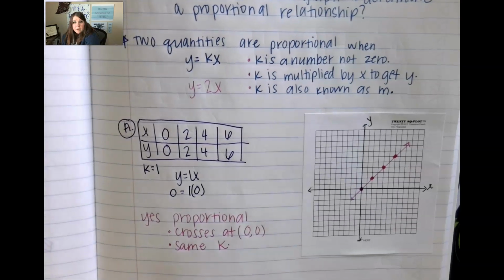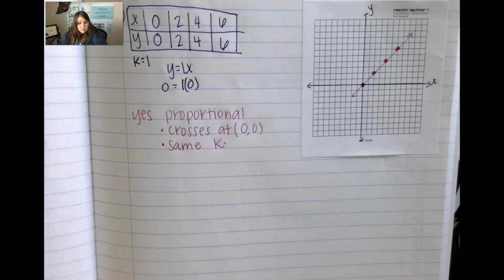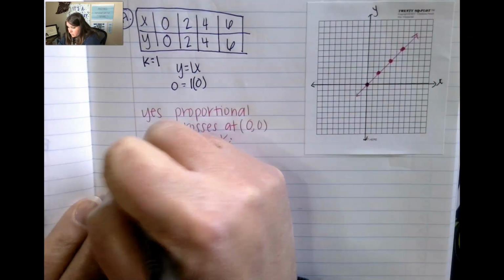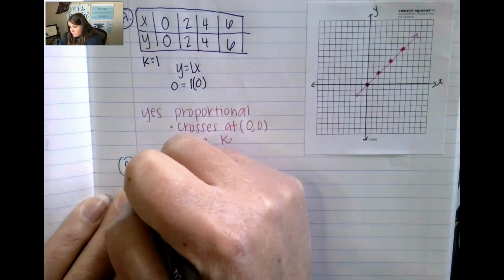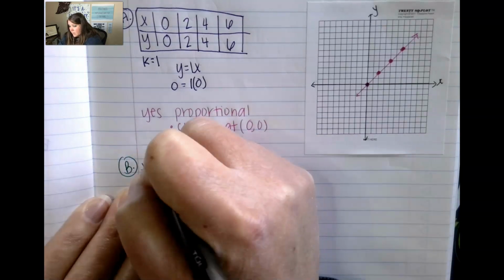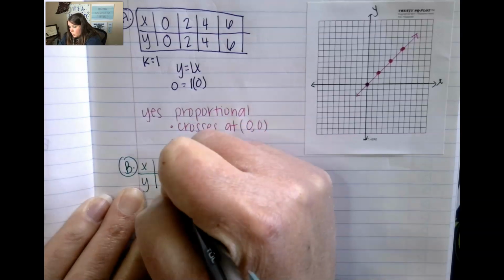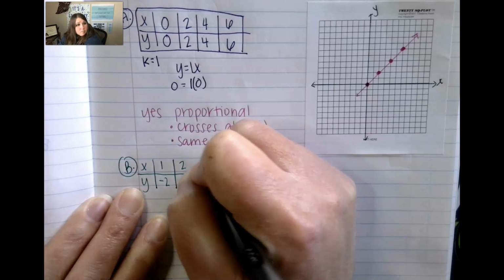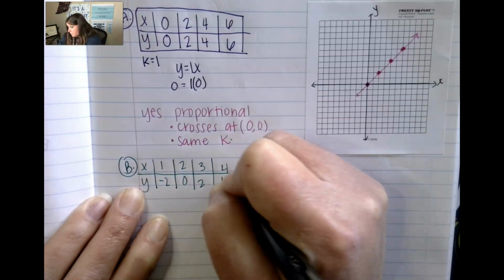All right, let's do another example. And this time we're going to look at a table that says example B, it has x and y, and it says when x is 1, y is -2. When x is 2, y is 0, 3, 2, and 4, 4.